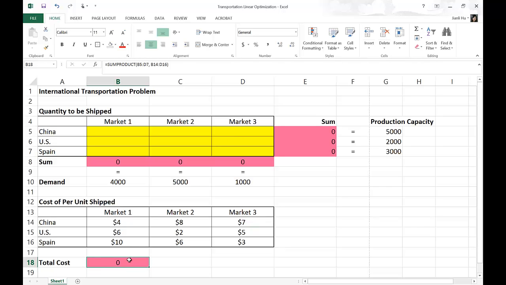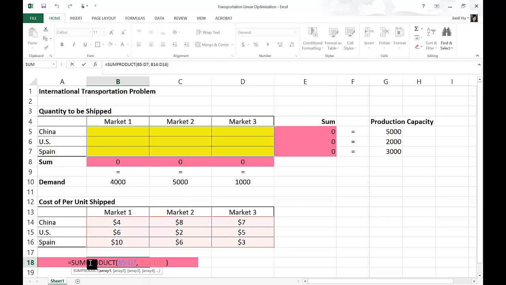Again, how do we find the total cost? The total cost is equal to the per unit shipping cost from that country to that market, multiplied by how many we plan to ship. Because we have lots of numbers here, that's why I suggest we use the SUMPRODUCT formula to multiply two tables together.